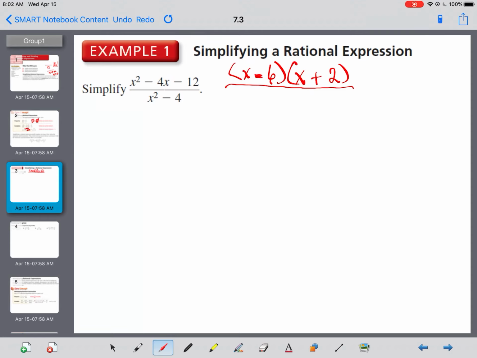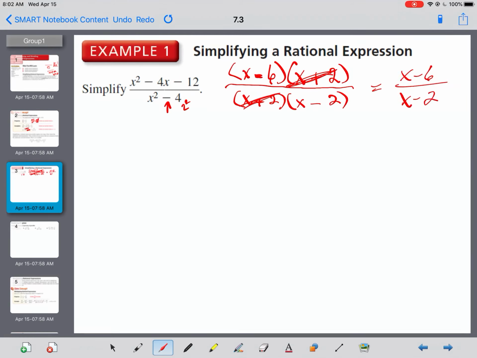So 6 and 2, and I need it to be negative, so the bigger number has to be negative. This one's going to be positive. The bottom one is a binomial with a difference, and x is squared, and 4 could be 2 squared, so I have a difference of squares. Each one gets an x, each one gets a 2, one's plus, one's minus.